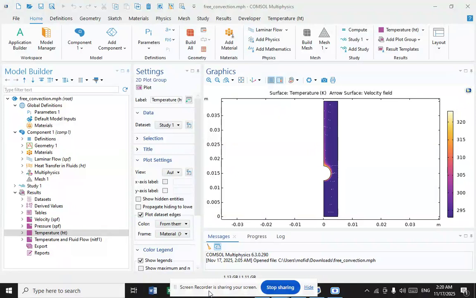At the beginning of heating of a vertical surface, x equals 0, a laminar boundary layer is formed. The layer thickness grows along the flow direction and at a certain distance corresponding to xc1, the fluid flow becomes unstable, changing within the range from xc1 to xc2 from laminar to turbulent.